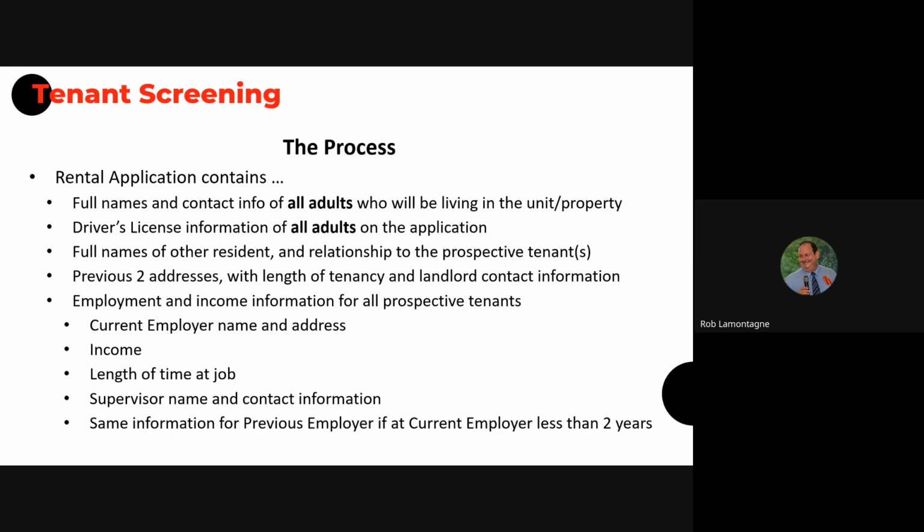It should contain the full names and contact info of all adults who will be living in the property. It should have the driver's license information of all adults on the application. It should have the full names of other residents and the relationship to the prospective tenants. You are looking to find out how many people are intended to be living in the property.